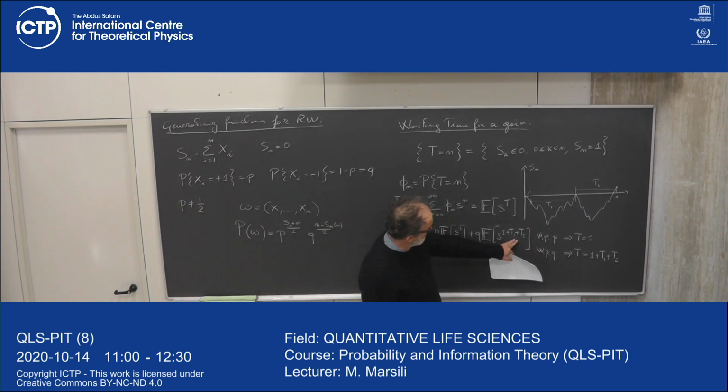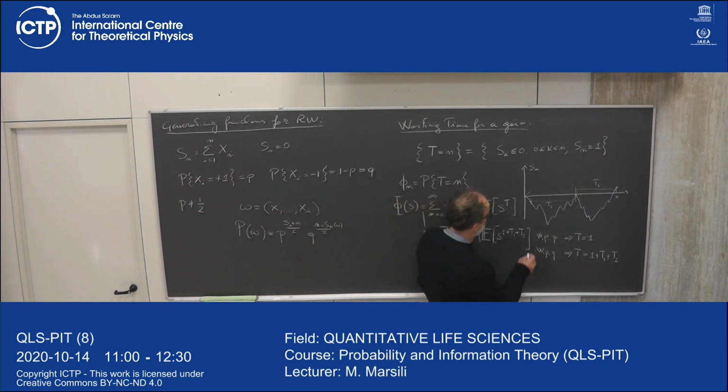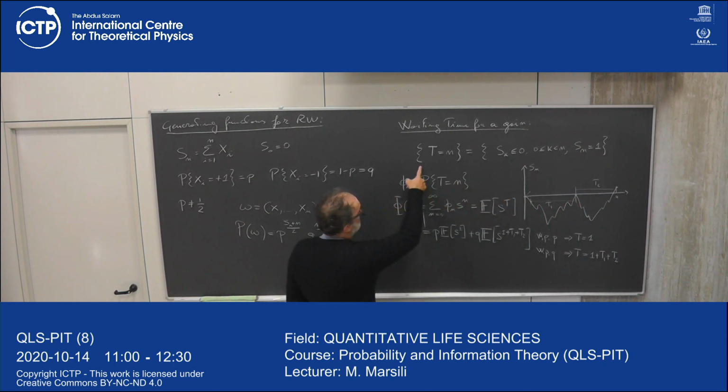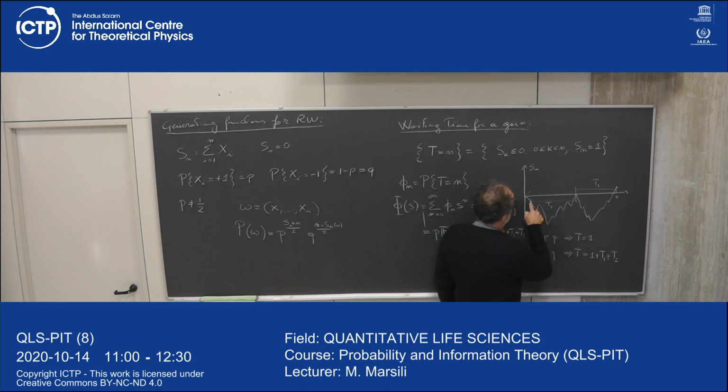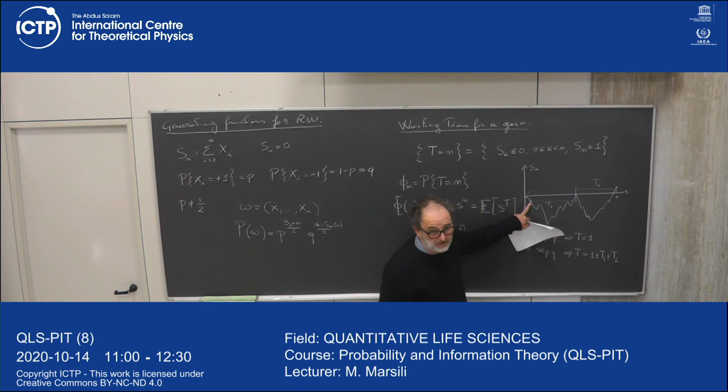Now, the main insight is that if you look at the distribution of T1, this is exactly the same problem as this, because it is the time you have to wait to get a gain starting from this point here.